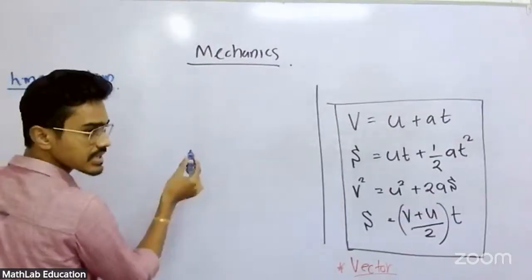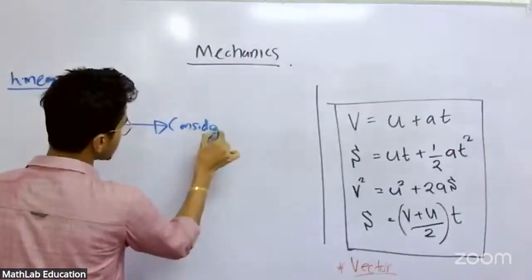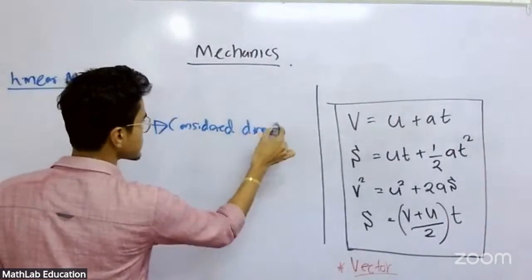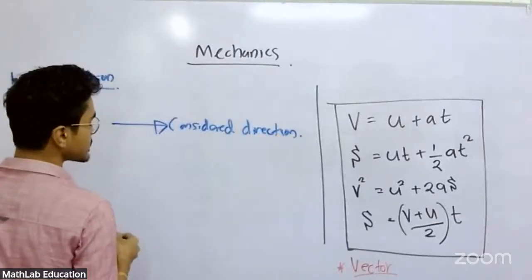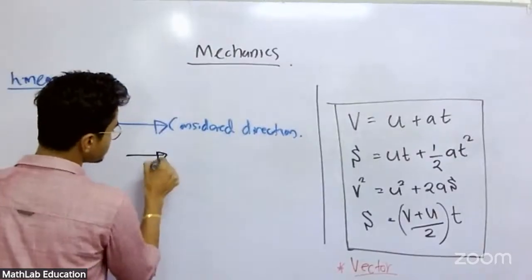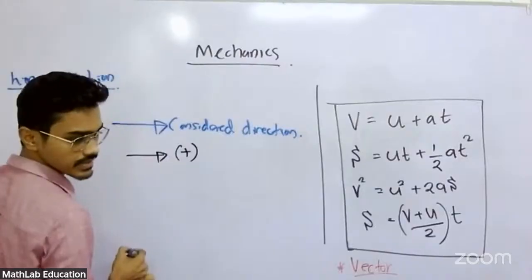We have to have a considered direction to apply these equations. If we have vectors acting in the same direction as the considered direction, such vectors are considered as positive vectors.